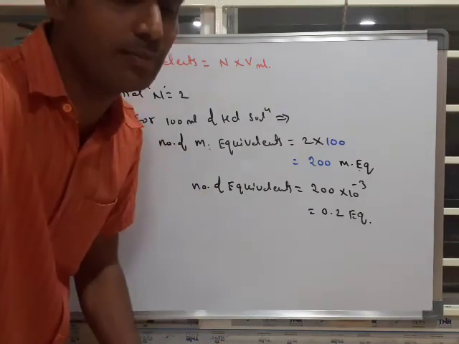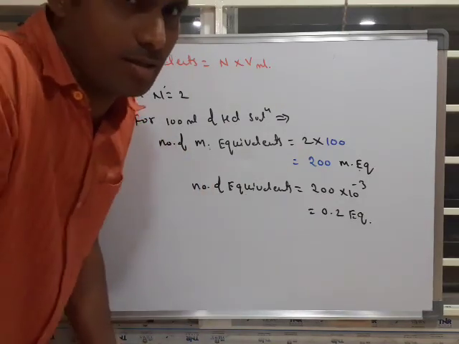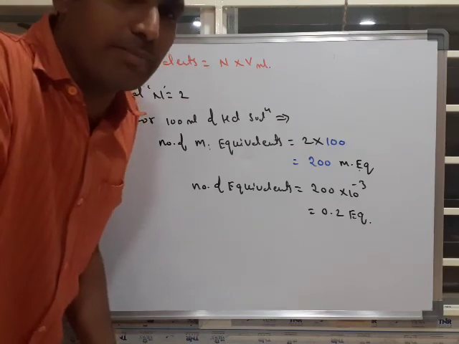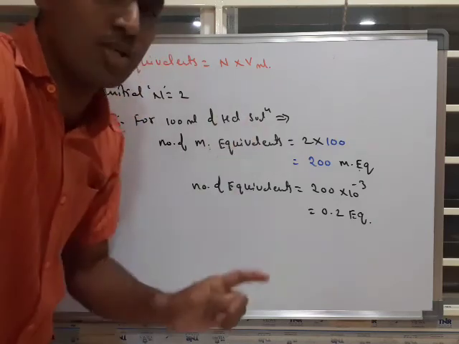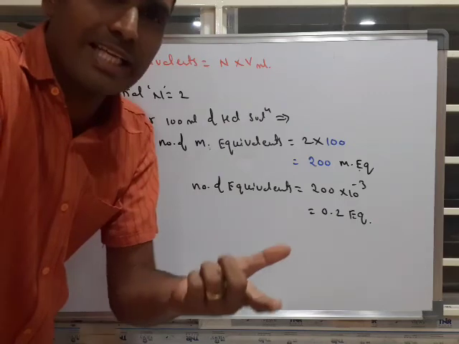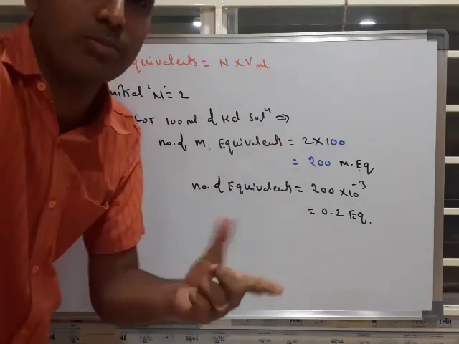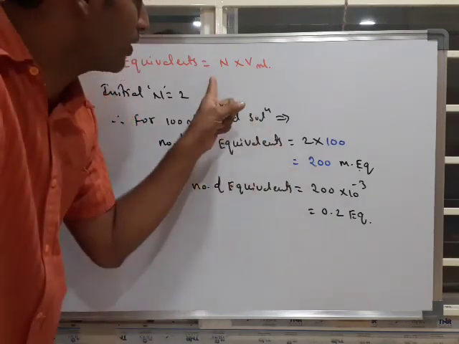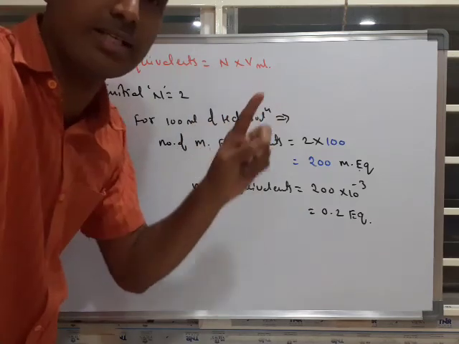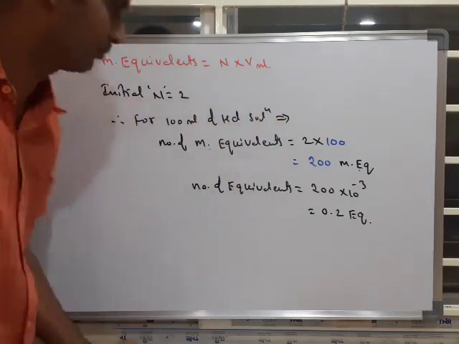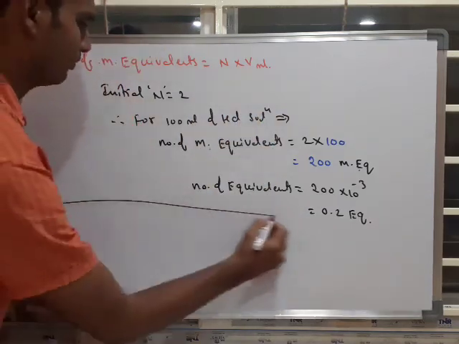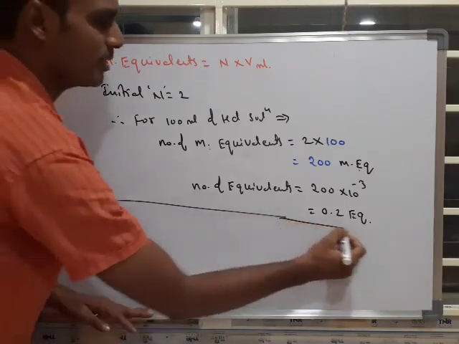We know that was the number of milli equivalents. To get equivalents directly, it is normality into volume in liters. So directly we will get equivalents. I'll do that also, so the problem is completed.